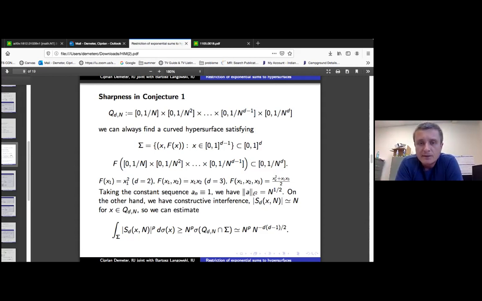And if you estimate the exponential sum associated with the sequence 1, as I said, S is roughly of magnitude n. Then you look at the surface measure of sigma, of the part of sigma that fits inside this box. That's easily seen to be the product of the first d minus 1 coordinates. It's 1 over n times 1 over n squared and so on. And you compare the L2 norm with this estimate, and you get exactly what you want.